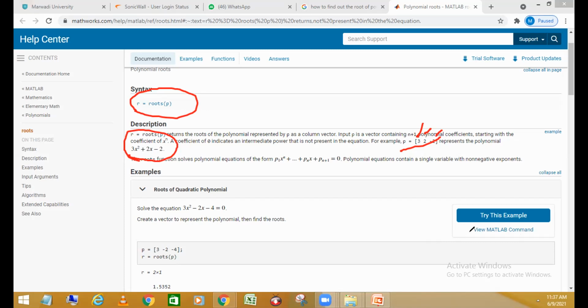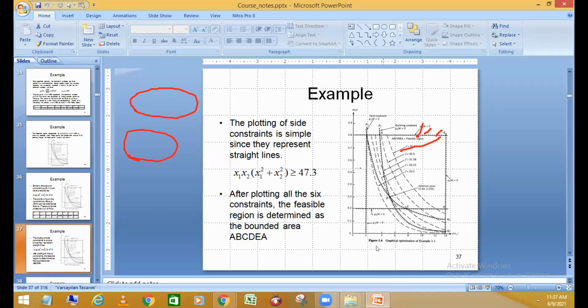Now, what were the equations that we also required? Our equation, by putting x1 is equal to 2 in this equation, was 2x2 cube plus 8x2 minus 47.3.